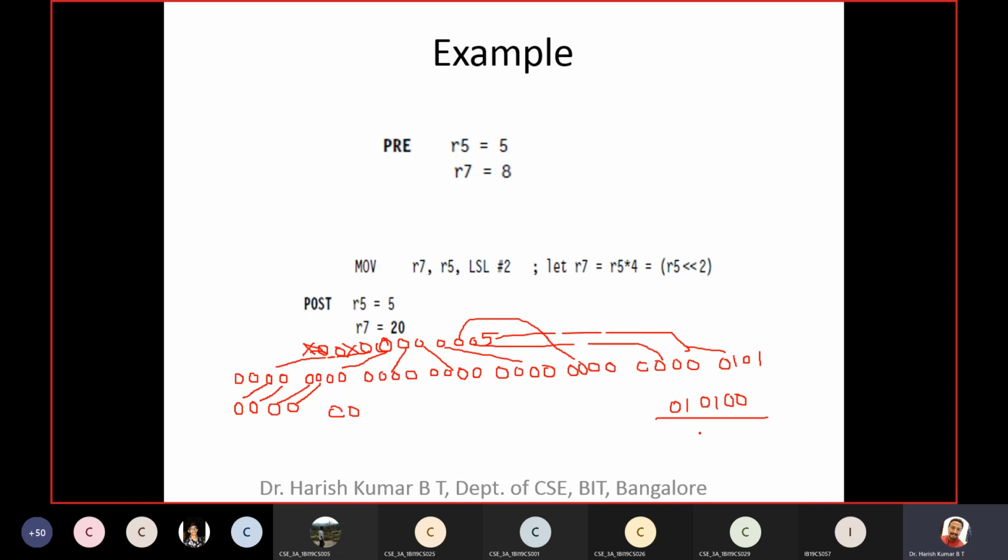It is something like this. How much is this now? If I complete it, this is 4, and what about this? It is 1, 4. Hope people are following.